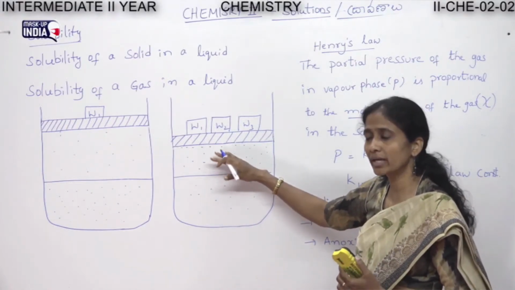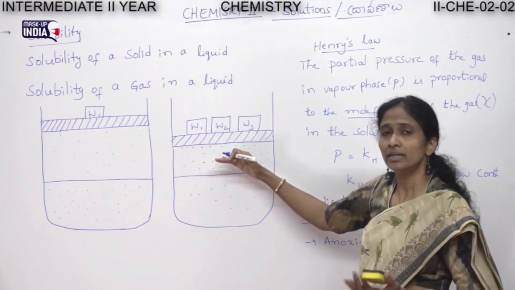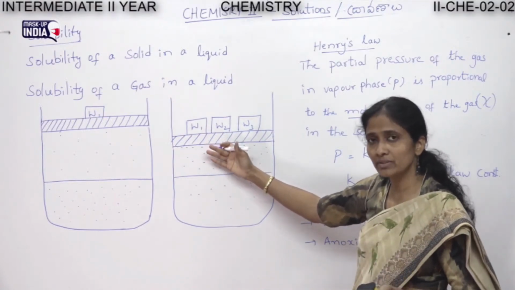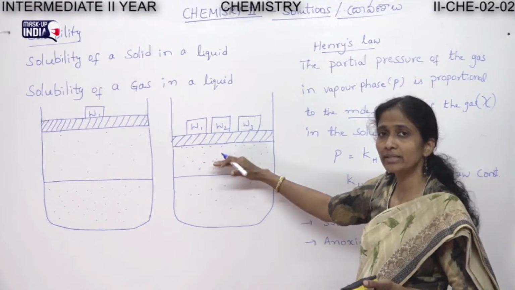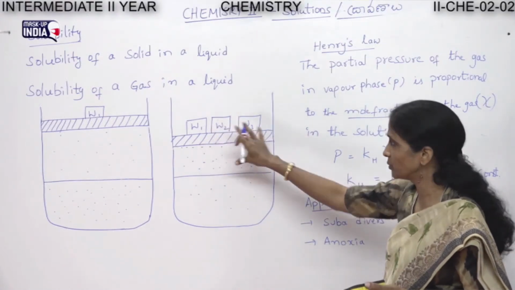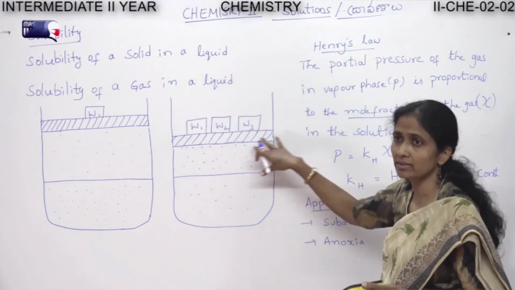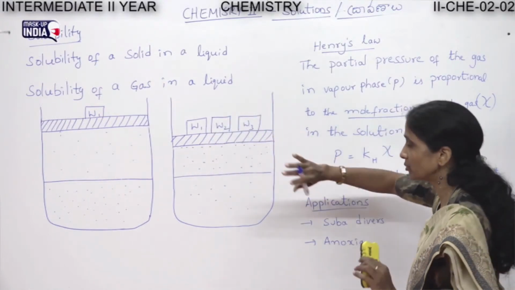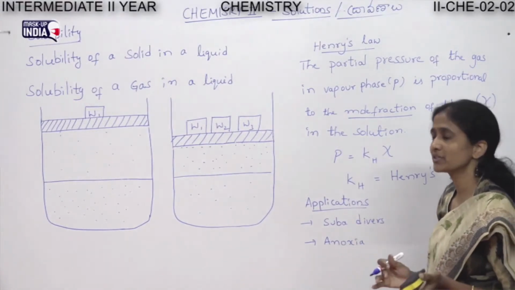When they escape the surface of the liquid, they convert into vapor, and they form some pressure on this surface. That can be called the partial pressure.